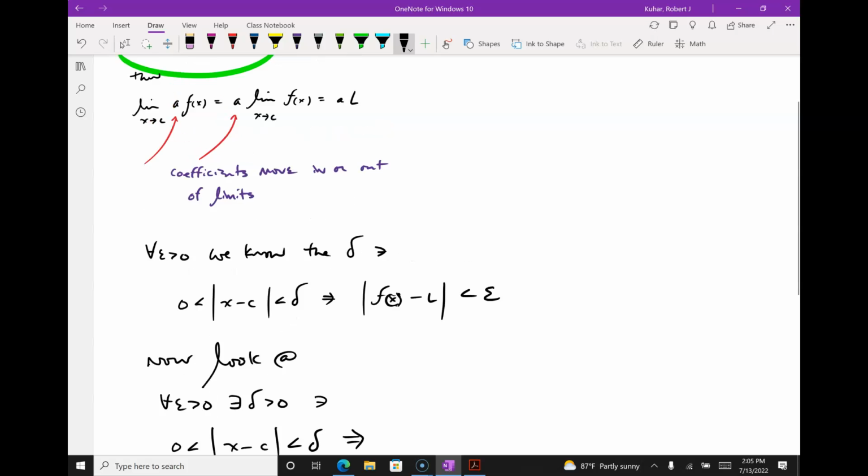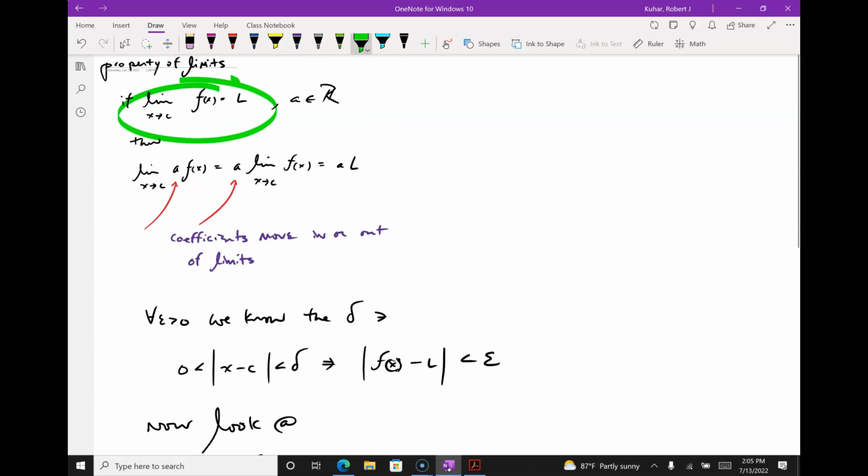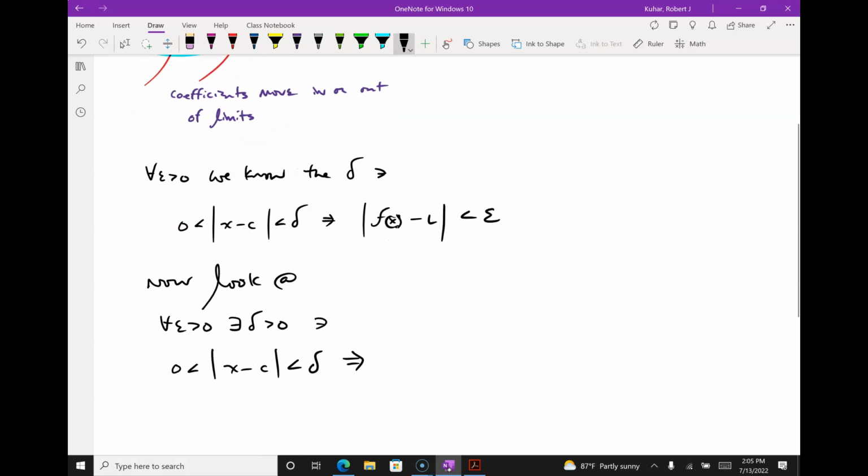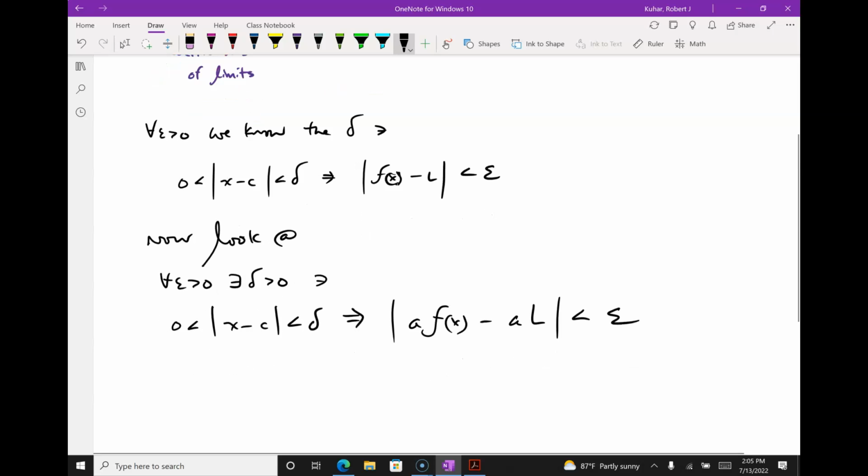Instead of f of x, I have a f of x. And instead of L, I have AL. But look at what happens. What can I do with that A? I can factor it out.